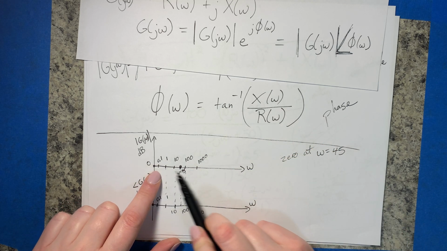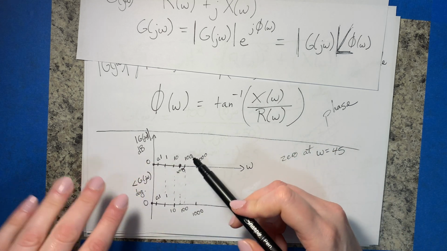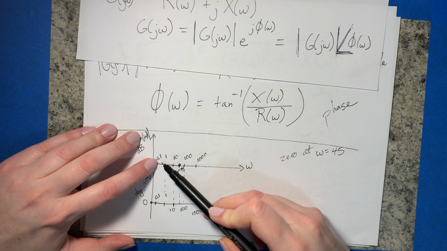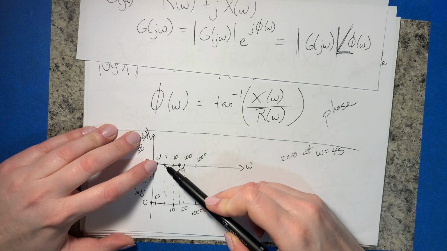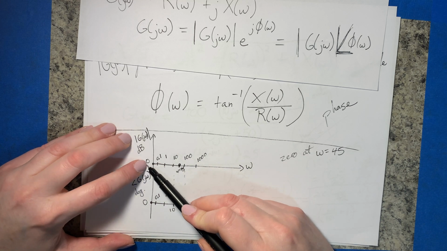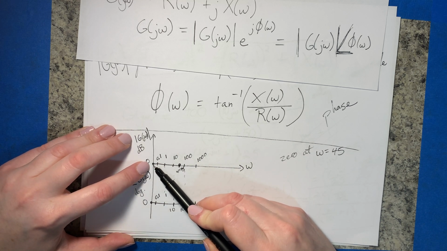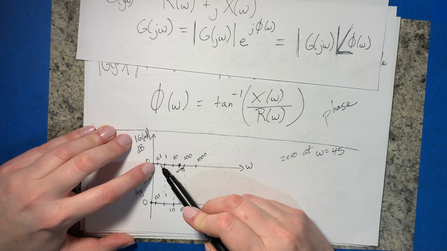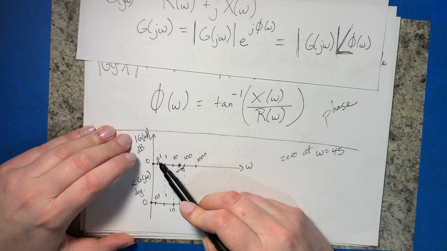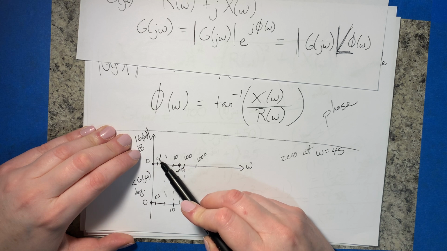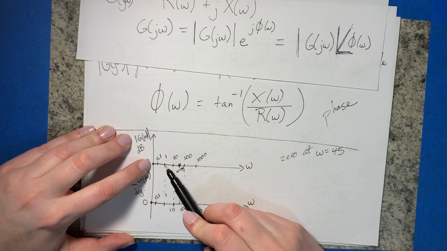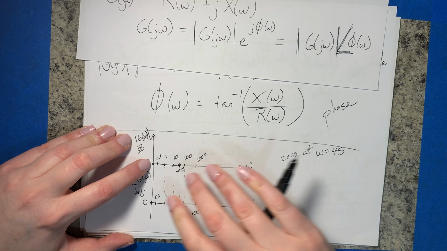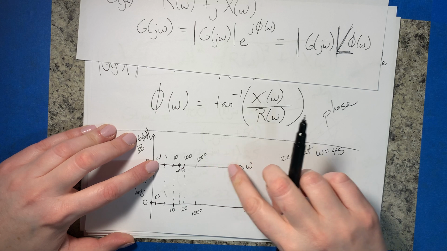So if you've never used a log scale before, what you want to do is try and take these decades by 10 and make them evenly spaced apart. So you'll start your plot, of course, at omega equals 0. And then as you go along, start at 0.1 will be your first tick mark, and then 1, and then 10, and then 100, and 1000, and so forth, increasing by factors of 10.